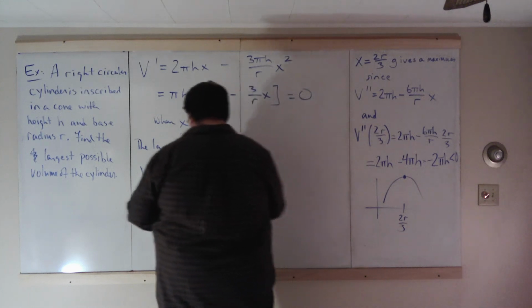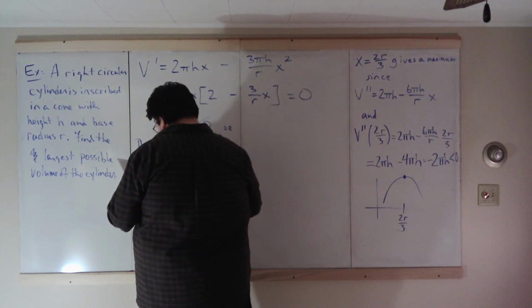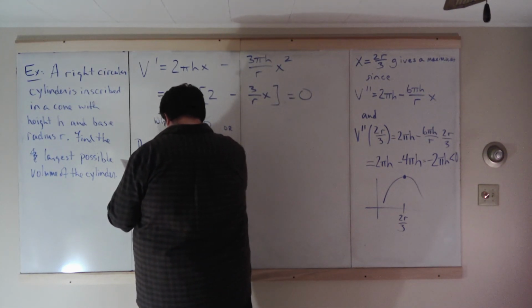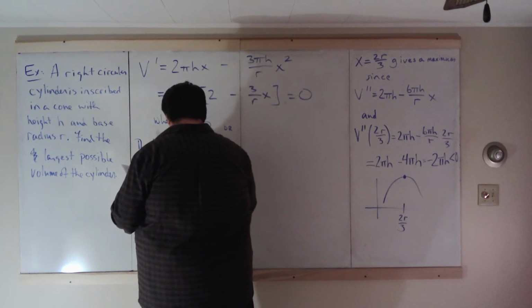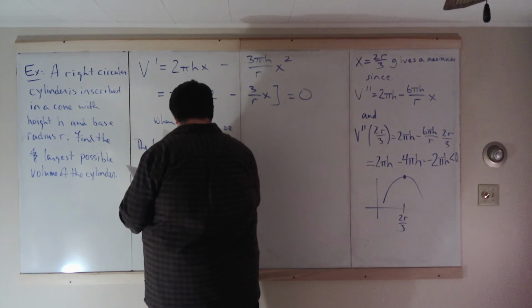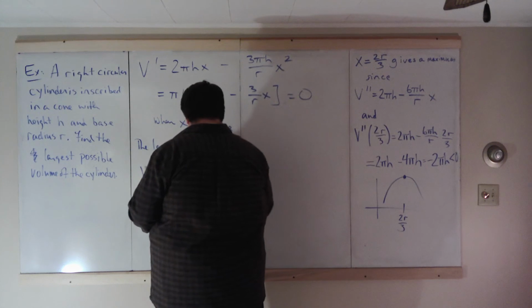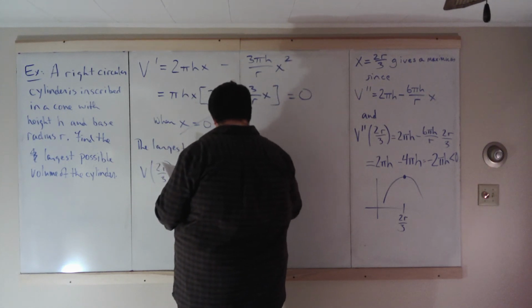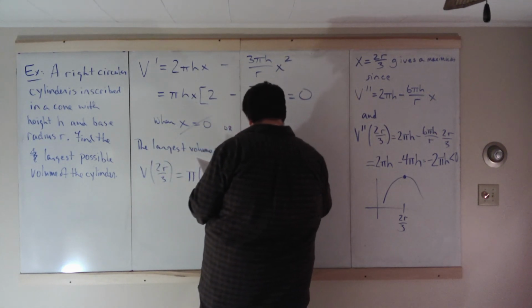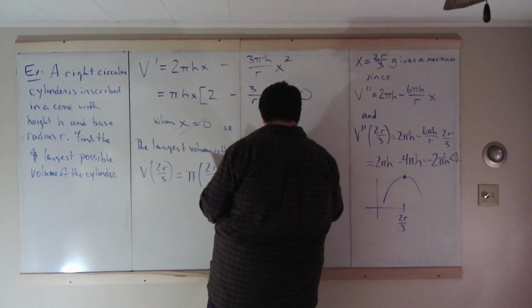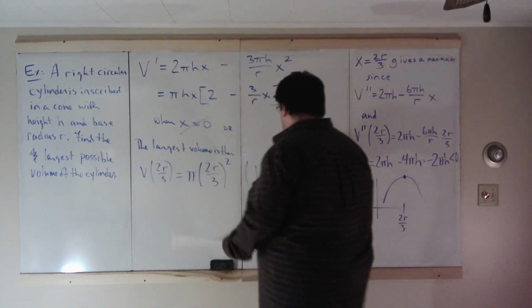You could use the distributed form. I'm not going to. Equals pi times 2r over 3 squared times h minus h over r, 2r over 3.